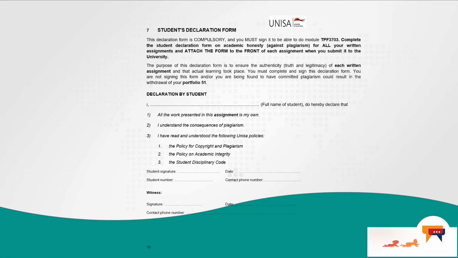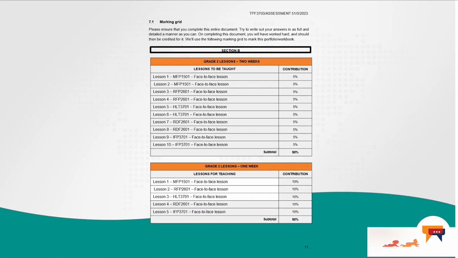You sign, you append your signature, the date, you write your student number and your contact number, and you will have a witness. I suggest that the witness be the school-based mentor. Let it be the mentor who has been mentoring you throughout your teaching practice.